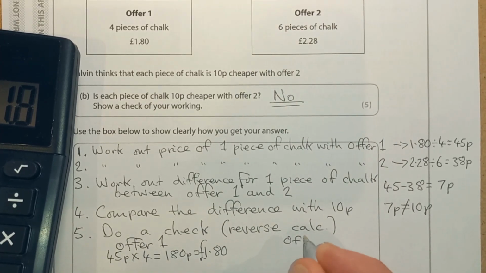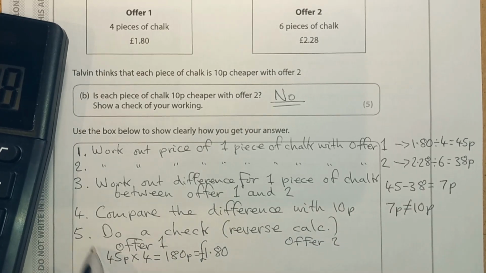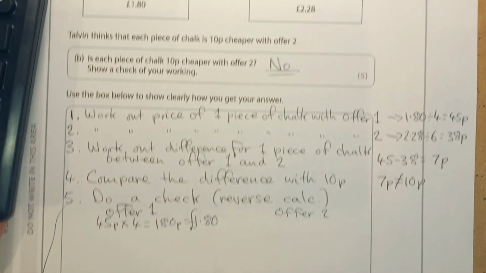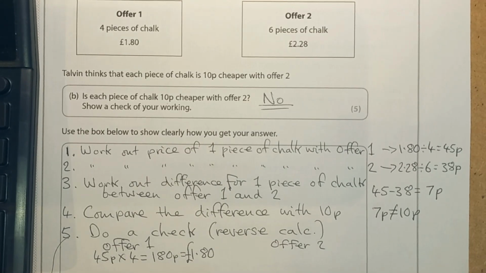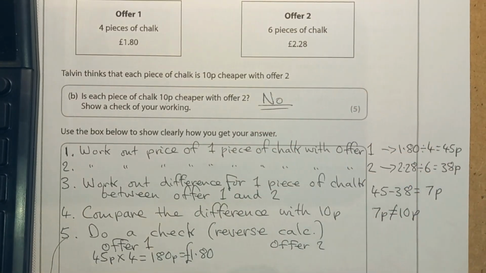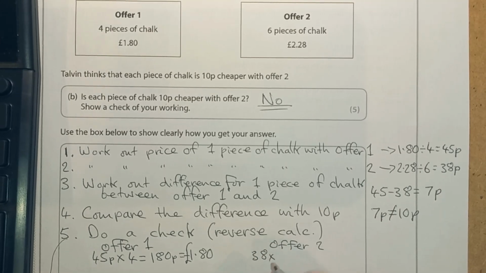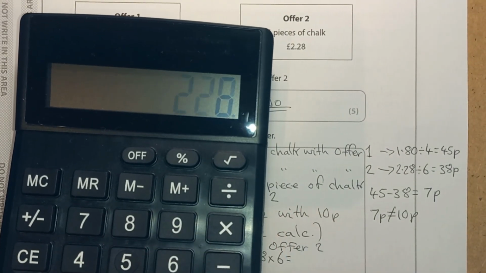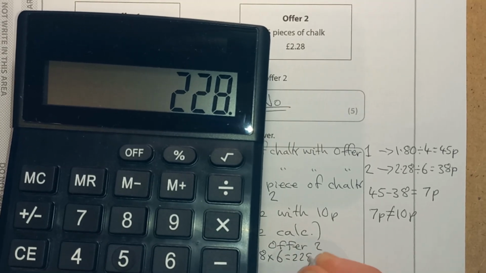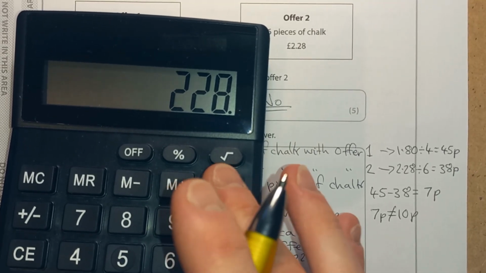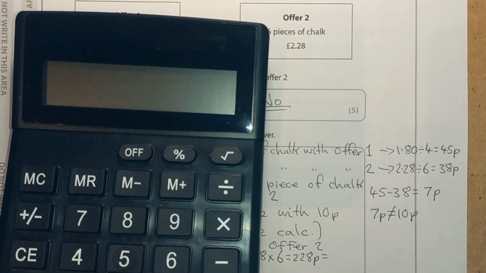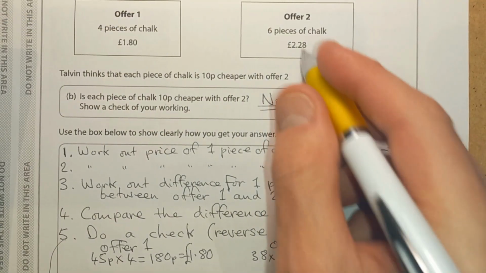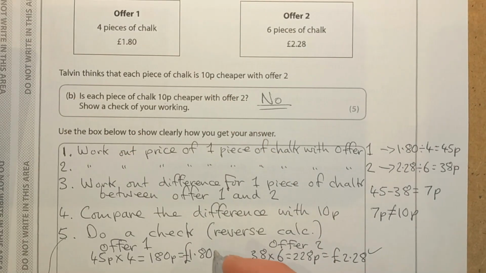Really, I'd write this check down in a box, but just for the purpose of the video, I'm doing it higher so we've got all the workings together. For offer 2, we had 38p. We've got 6 pieces of chalk. So 38 times 6 gives us 228p. Divided by 100, because there's 100p in a pound, we get £2.28. And that ties up with that, and this ties up with that.